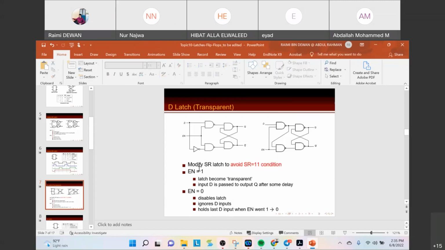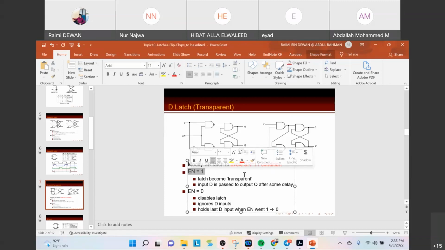If you see, there is some additional circuit, where we add a NOT gate. Your D will be connected directly to one of the gates here, and the next one is connected to the NOT gate before the next gate. So if enable is 1, the latch becomes transparent. So input D is passed to output Q after some delay.